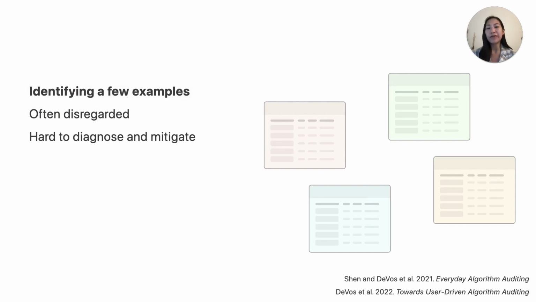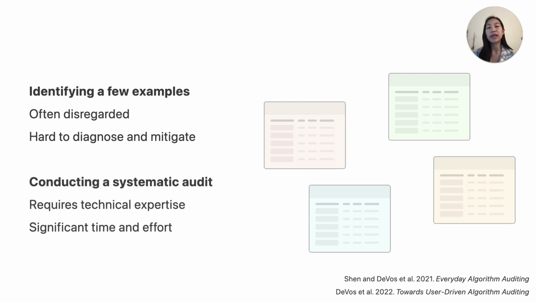If users identify a few examples of harm, these are often disregarded by system developers, as limited examples may have been cherry-picked, and it can be hard to use these to diagnose and mitigate issues. But if users are meant to conduct a systematic audit, this often requires technical expertise to gather and test large amounts of inputs and analyze outputs, and this takes a significant amount of time and effort to carry out.